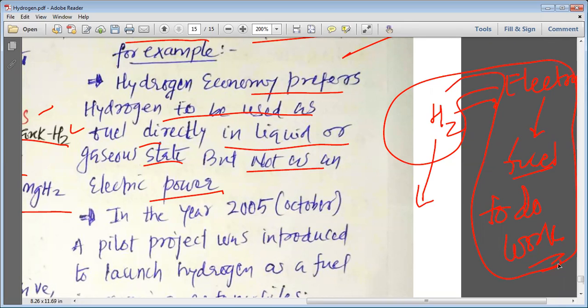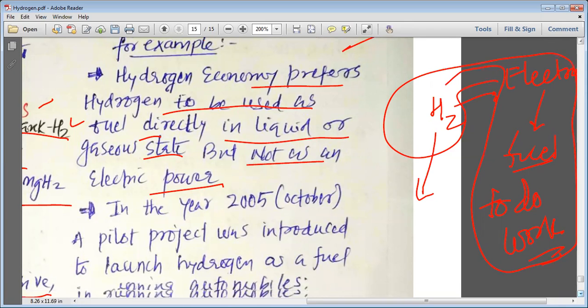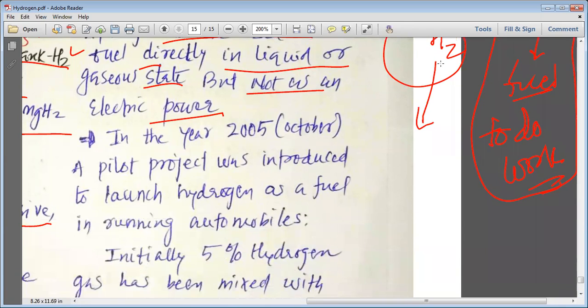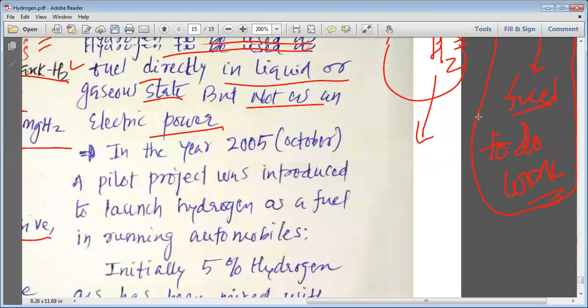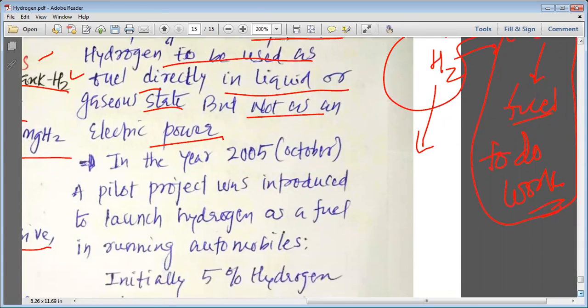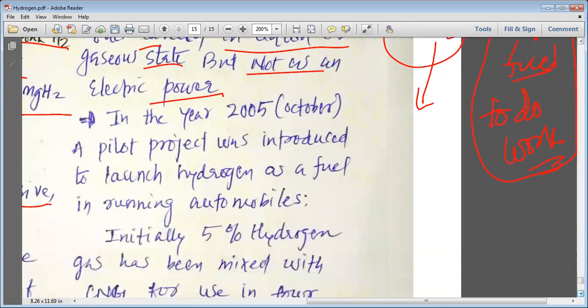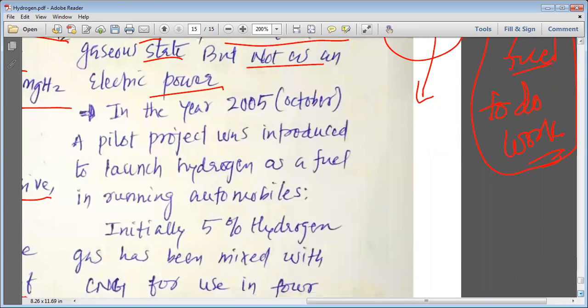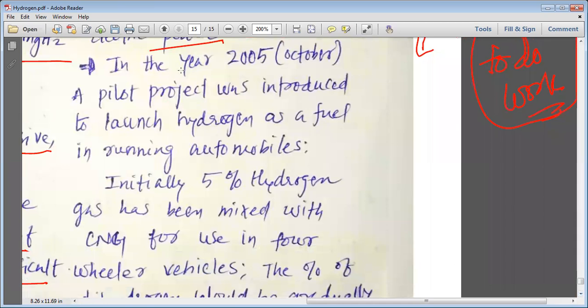It is also economical, as it requires less money to utilize this particular fuel. Thus, the hydrogen economy prefers to use hydrogen directly as a fuel, but it does not prefer using hydrogen to first produce electricity, which is then used for doing some work.